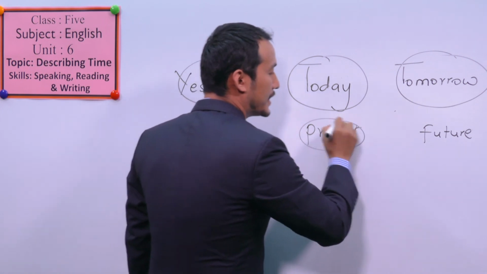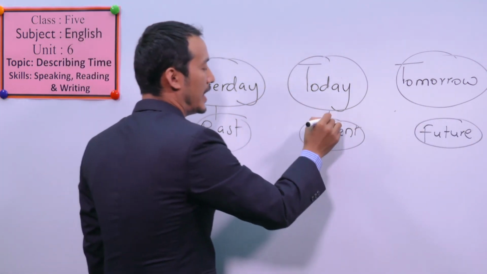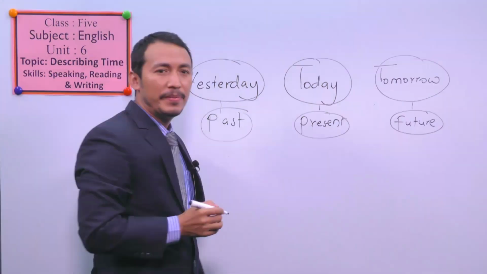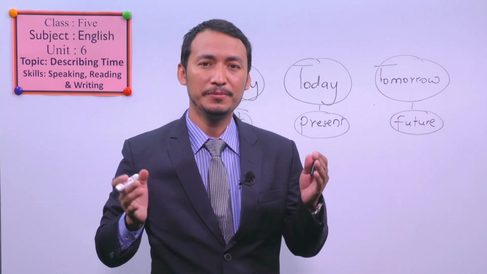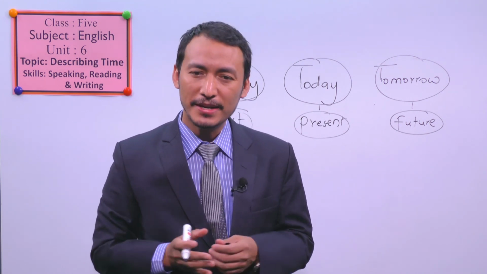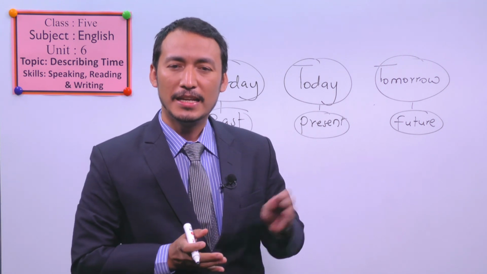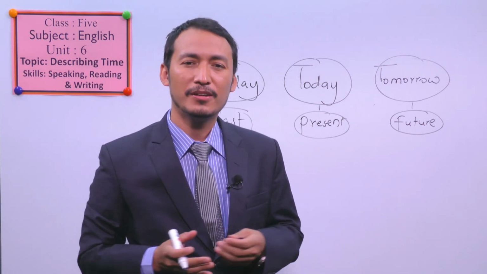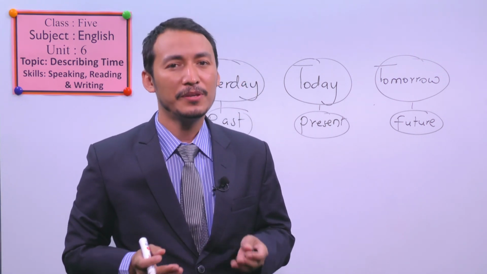All right, students, now we are going to talk about these different times while we are practicing the English language. When you speak, when you talk to your friends, you talk in different times like yesterday, today, or tomorrow. So in grammar, you can say past, present, and future.